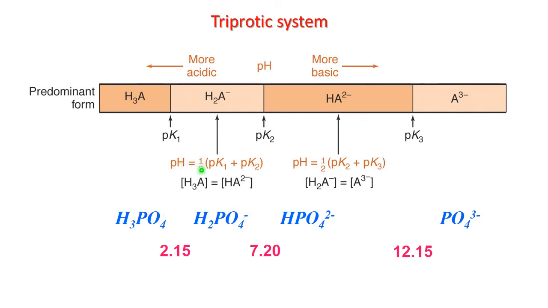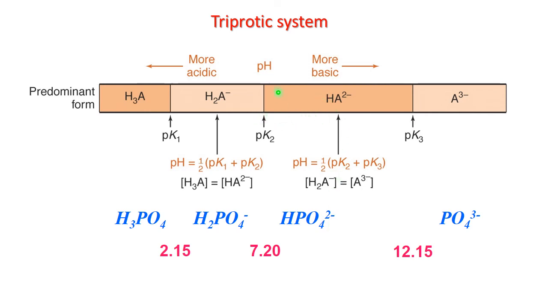At pH equal to 1/2 of pK1 plus pK2, I'll have the maximum concentration of dihydrogen phosphate. This will be predominant for 100%. Now at pK2, I'll have equal concentrations of H2A minus and HA2 minus, so equal concentrations of dihydrogen phosphate and monohydrogen phosphate.